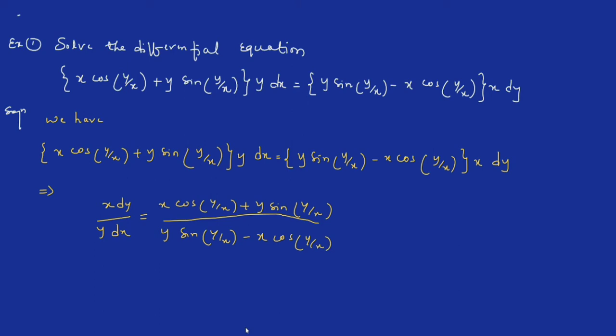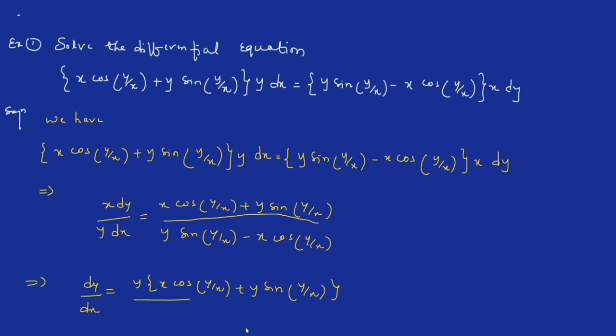Which implies dy by dx equals, taking y to the numerator from the RHS and x also in the denominator of the RHS, so it becomes y into x cos(y/x) plus y sin(y/x).